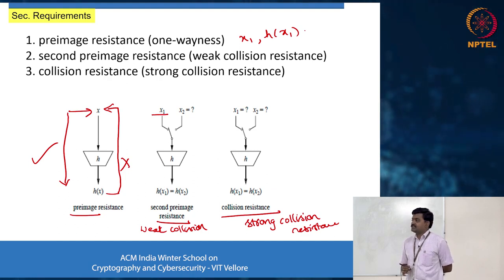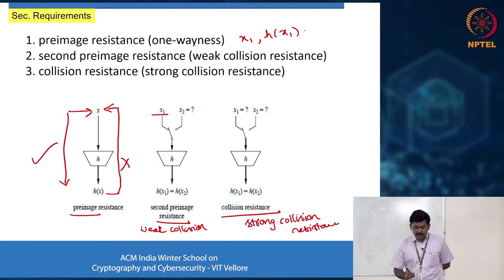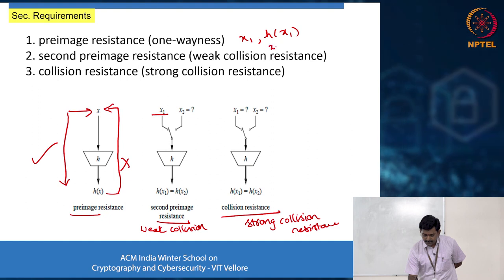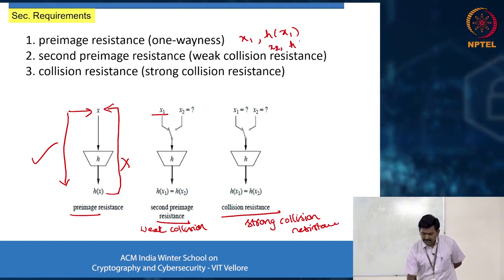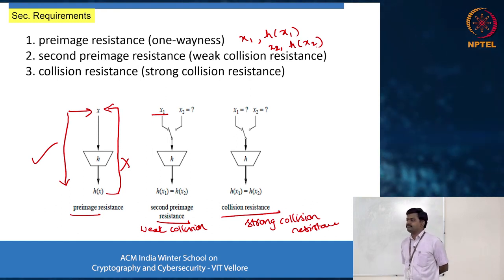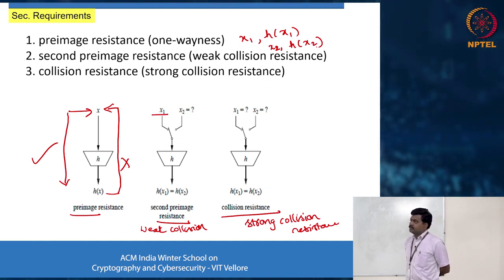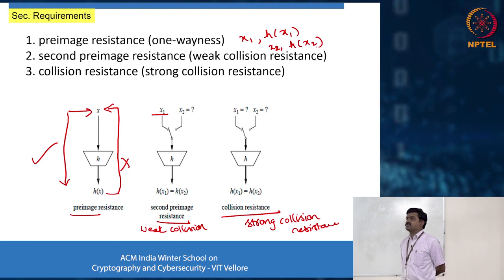What does weak collision resistance say? When I have these two, I should not get another message called x2 having the same hash. That is called weak collision resistance.